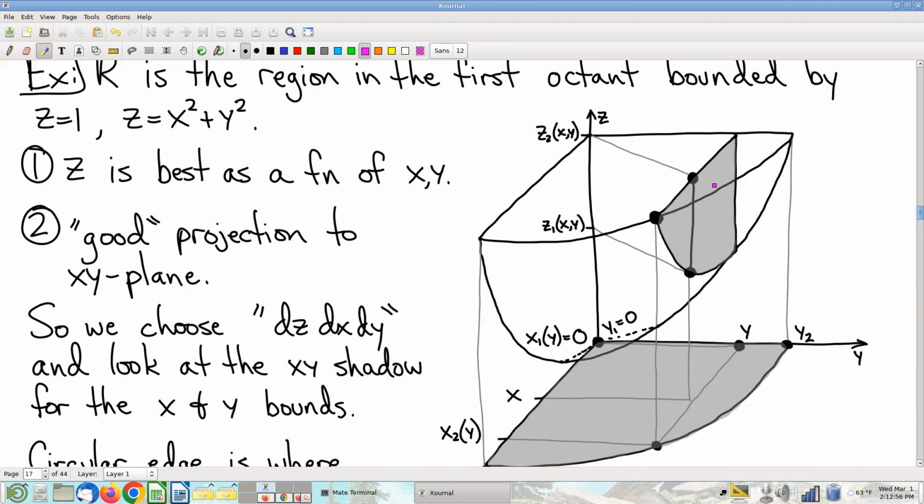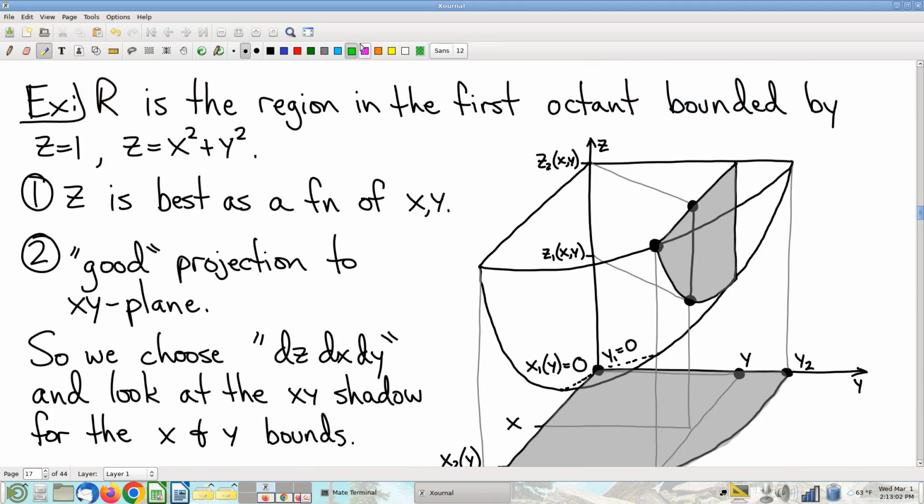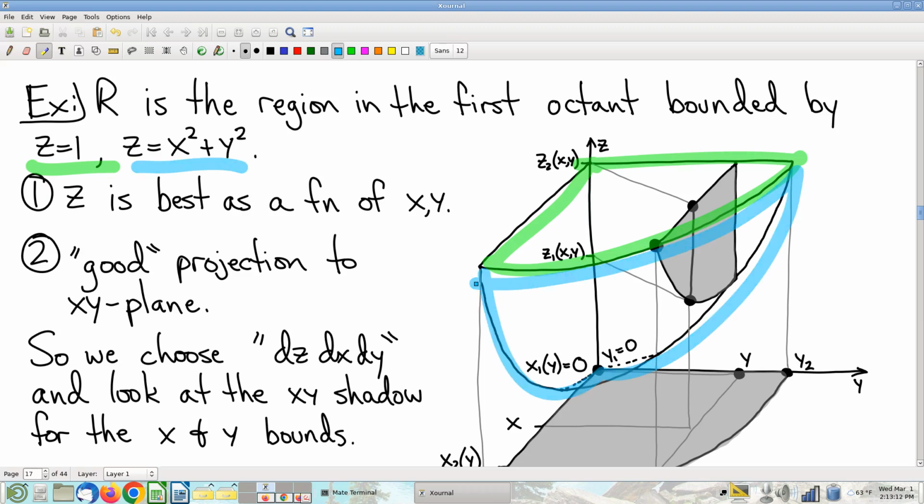So here we go. Here it is. We're going to look at this weird-looking region bounded by, well, first z equals 1 is that plane. And then I have this paraboloid, z is x squared plus y squared, and that gives me something kind of like this.